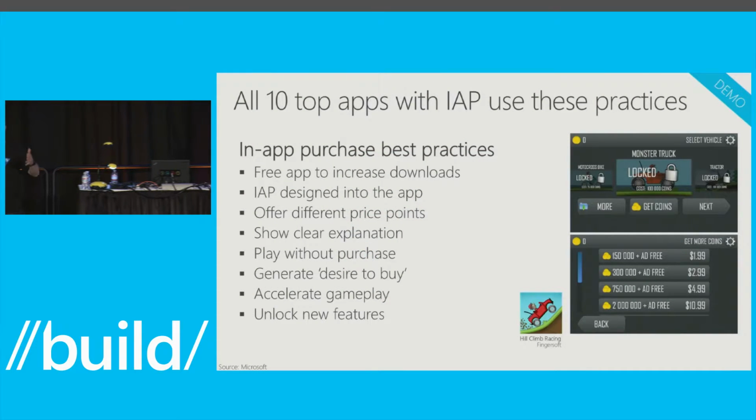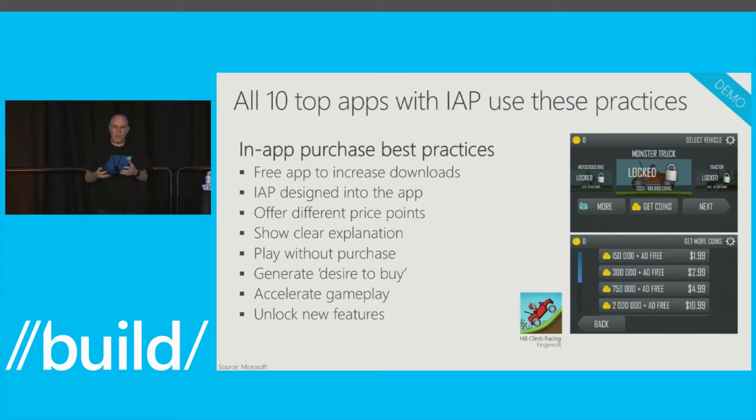So what did you see here as a prime example that all the top 10 apps that are making most revenue on in-app purchase have? All of them are free. All of them have in-app purchase embedded into the design of the app. All of them offer different price points, show a very clear explanation and an image of what you're going to get, and still allow the user to play without it. They don't force the user.